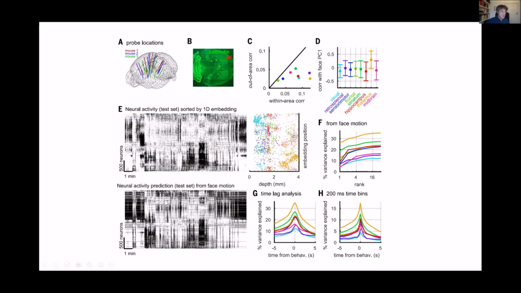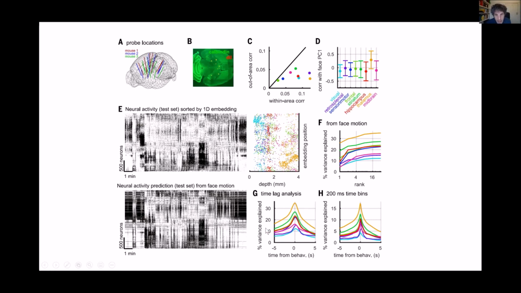It would be amazing if it was identical, because that would mean the brain is doing nothing except representing what you can see in the face. But it's still similar. Here's the percentage of variance you can explain, and you can see it goes up to 10, 20, even 30% of variance can be explained by face motion in the thalamus, which again is the one that has these strong positive correlations.